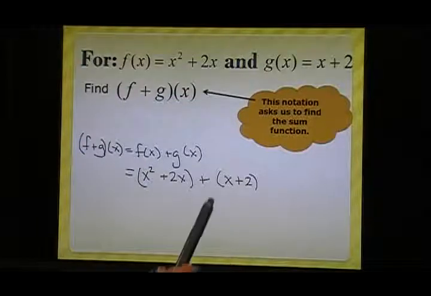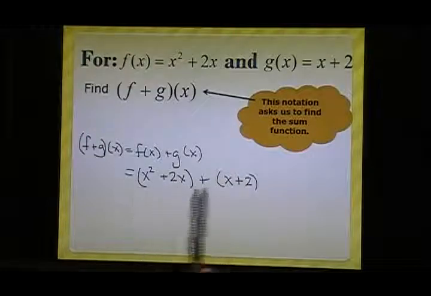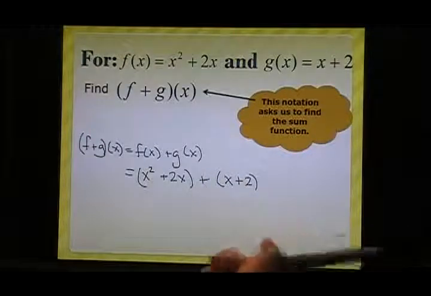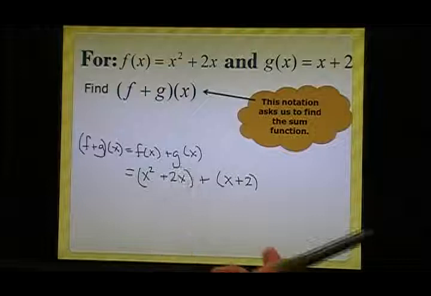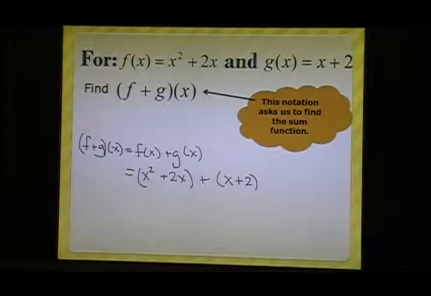So this is just the addition of two polynomials, and to add polynomials, all we have to do is combine like terms. So we end up with x squared, 2x plus x is plus 3x, plus 2.